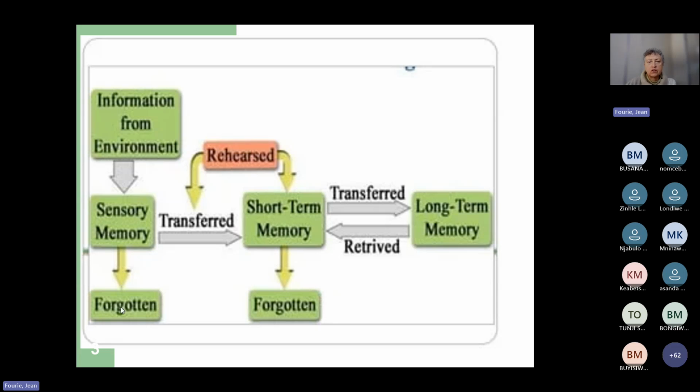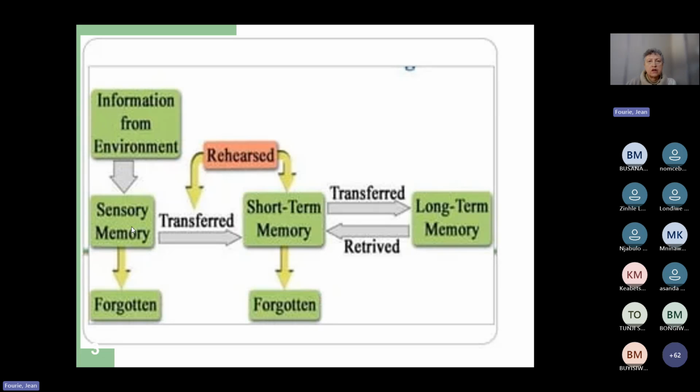So this is the first stage where forgetting takes place. We cannot possibly remember in long-term memory every single sensory input that we get every single day from the world that we see and hear around us.